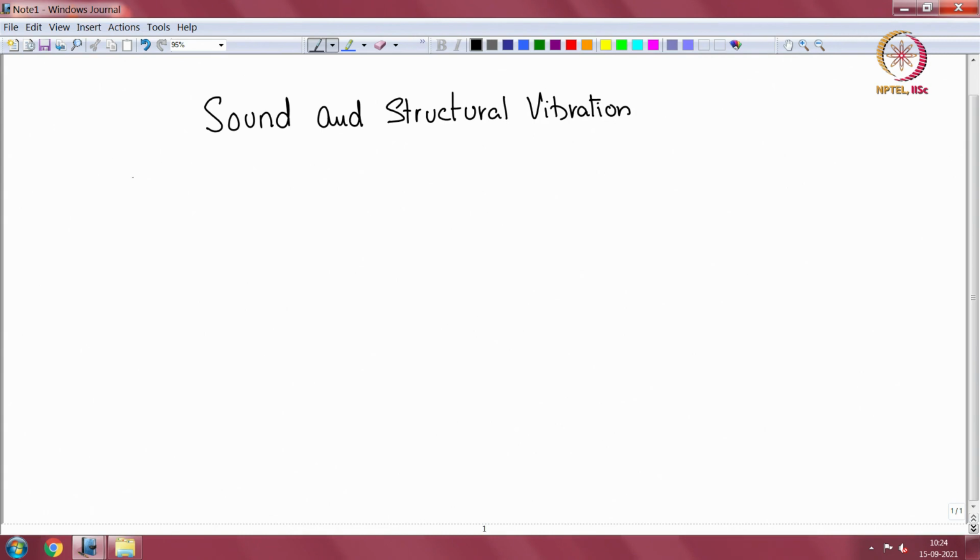So, there are courses which deal with just acoustics, that is sound, where the partial differential equation related to sound, which is of the form, is studied.